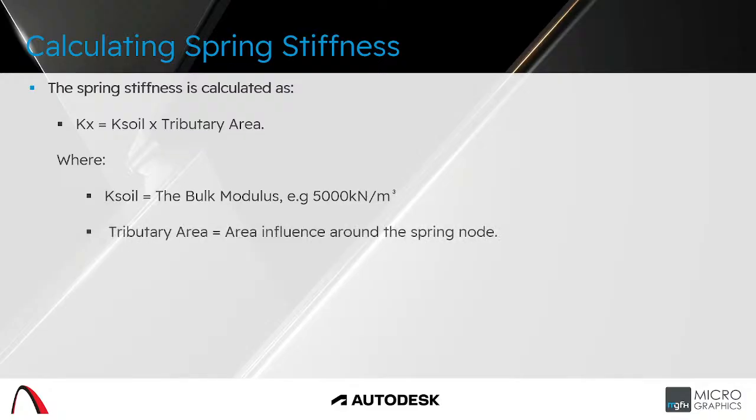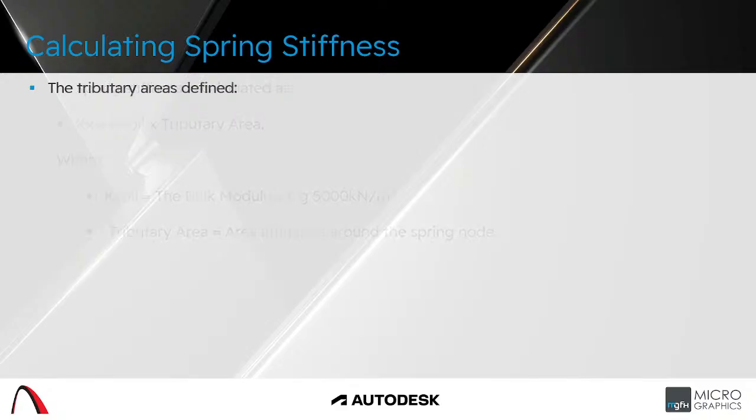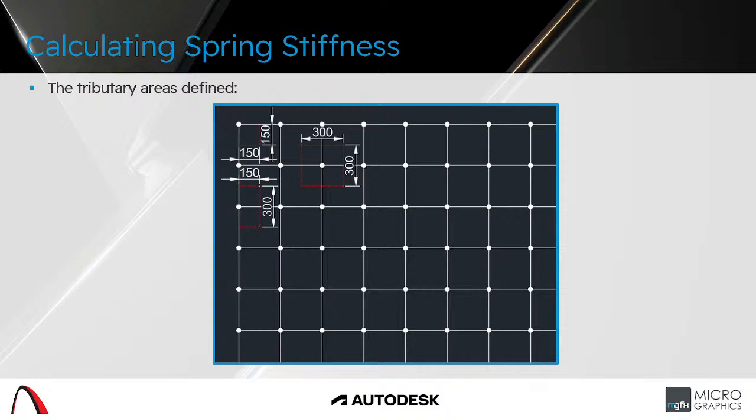And then the tributary area is an area of influence around the spring nodes that we will have within our model. For this specific model, we will have three different spring types: spring type 1, 2, and 3.